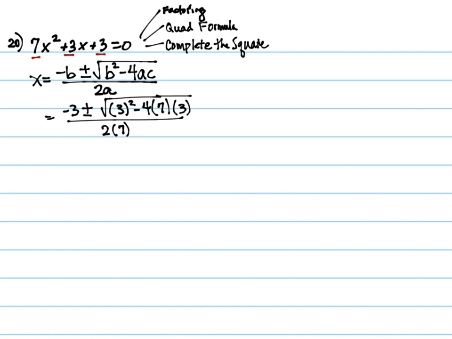Everything has to be cleaned up underneath the radical before we can do any combining or simplifying. So I'll square first. That would be 9. So I have negative 3 plus or minus the square root of 9. And then what is 4 times 7 times 3? 84. So then that's minus 84 over, and I could multiply the 2 and the 7 if you'd like. That's 14. So what is 9 minus 84?